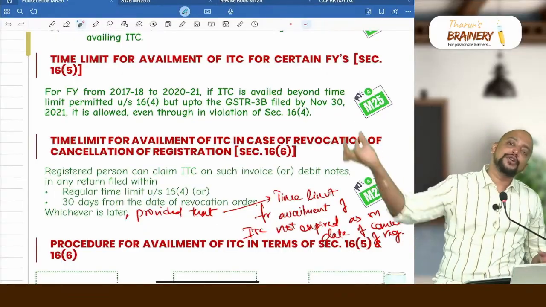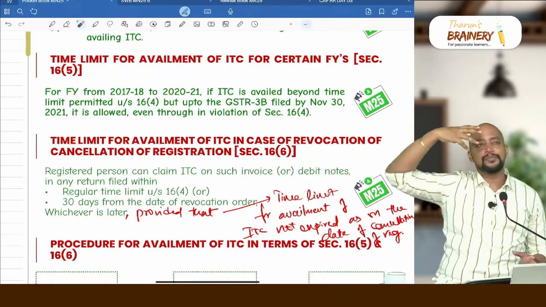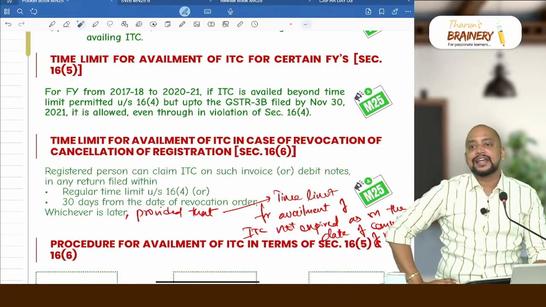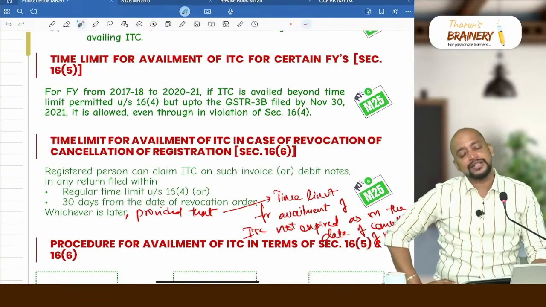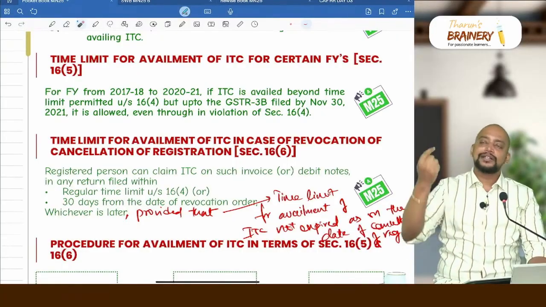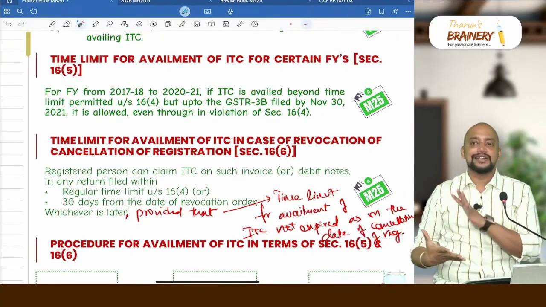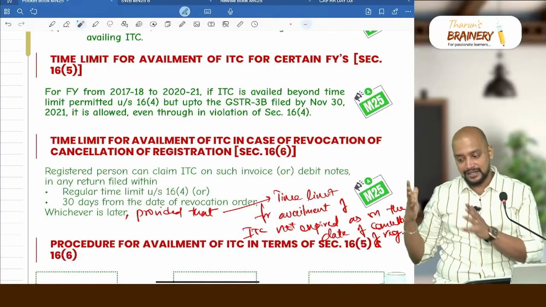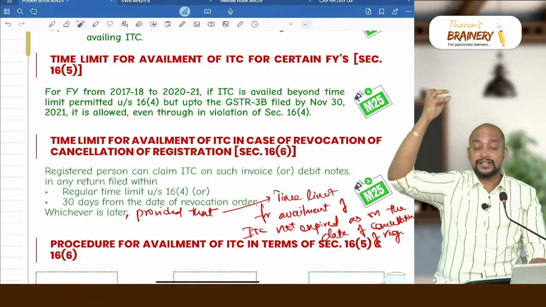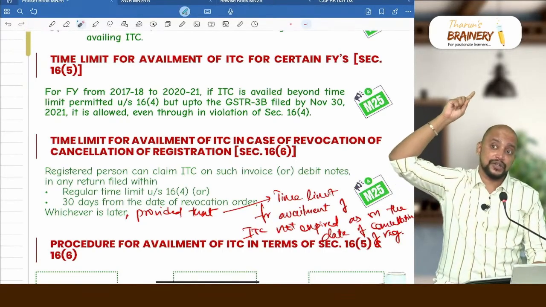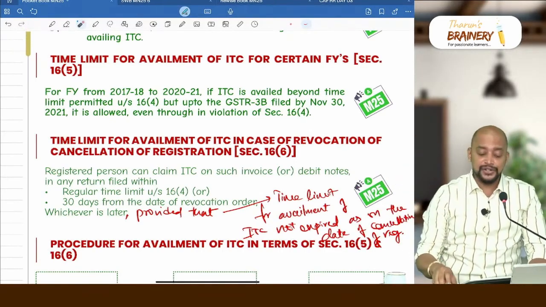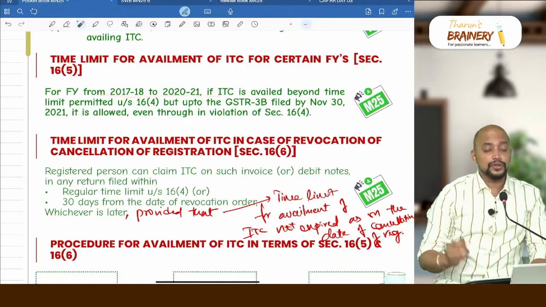These people went to appeal, and many writ petitions were filed. Finally the case went to the Supreme Court also, and the Supreme Court said no, definitely ITC should be given to them. Thereafter, the finance minister asked the GST department to give the benefit: whatever ITCs you have rejected, now you give the ITC back to them. But for which financial years? 17-18 to 2021.